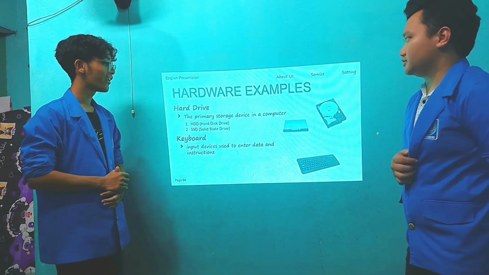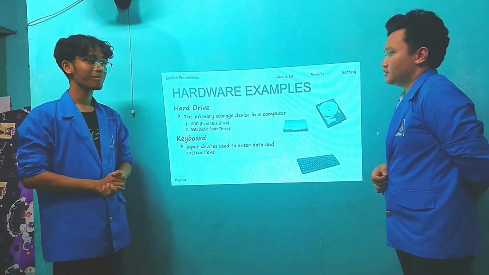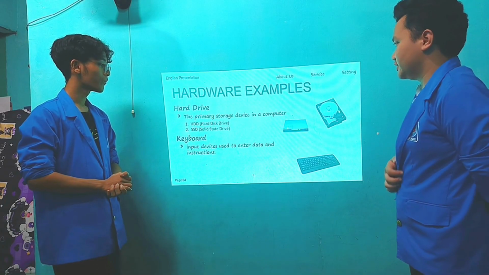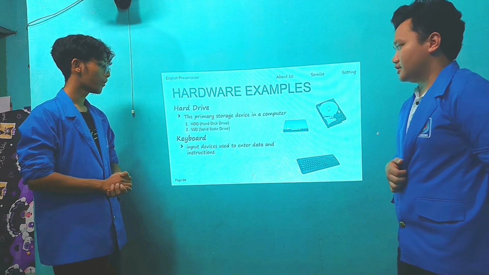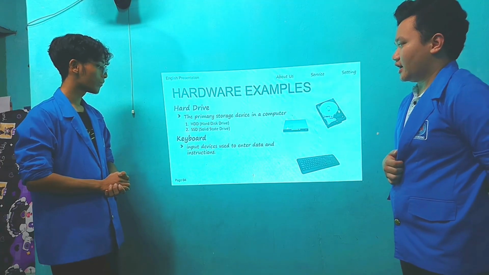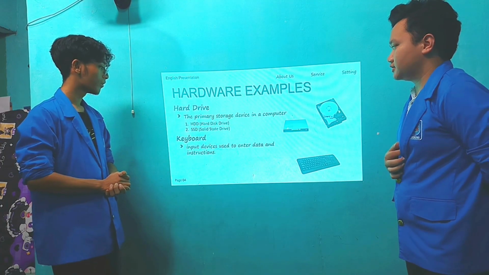Next, hardware examples. 1. Hard drive, the primary storage device in a computer. 1. HDD, hard disk drive. 2. SSD, solid state drive.